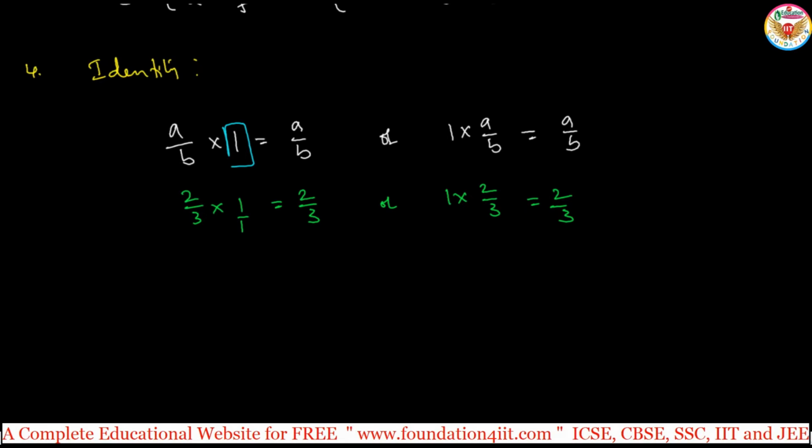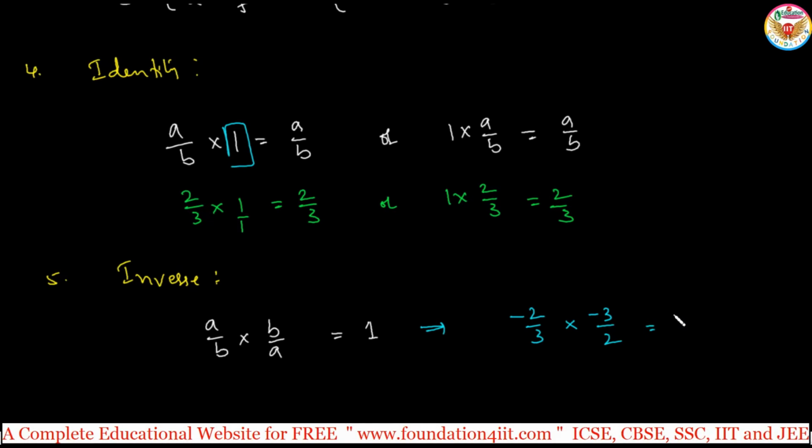And similarly the multiplicative inverse. When you come to the multiplicative inverse, the product should be 1, right? So a by b into something is equal to 1. What will we get? That must be b by a. So the reciprocal of a rational number is its multiplicative inverse. Example, you check this. Minus 2 by 3 is a rational number, multiplied with its reciprocal, minus 3 by 2.